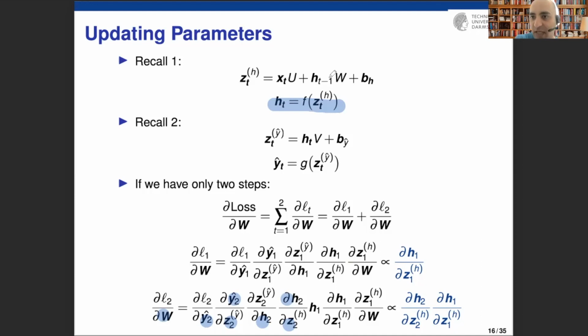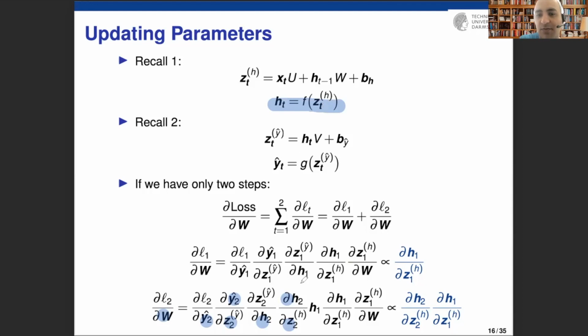But we should use H1, but H1 is not a fixed value. It's also a function of the former steps, like a function of the values of the hidden states in previous steps. So H1 is the output of this function, which is obtained based on Z1, right?